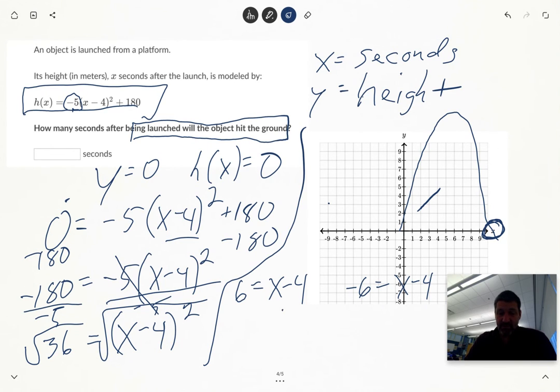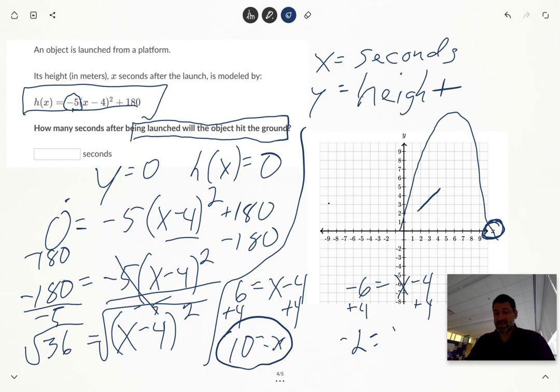And then we would add 4 here. That would give us 10 is equal to x. And if I add 4 here, that gives us a -2. Okay, so x would equal -2.